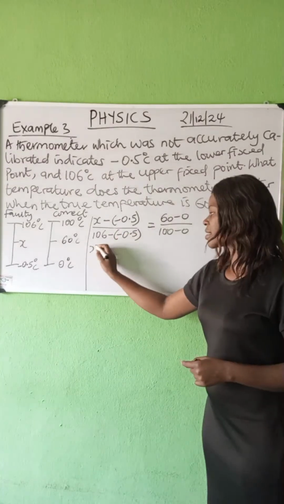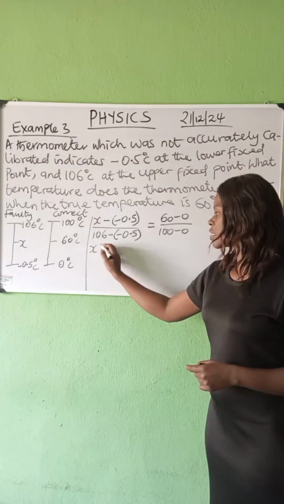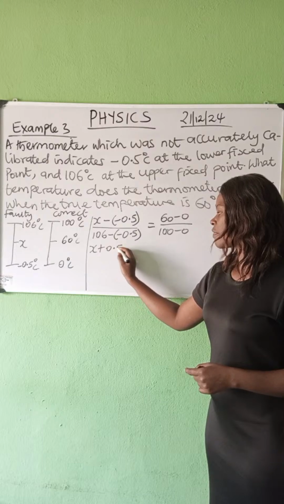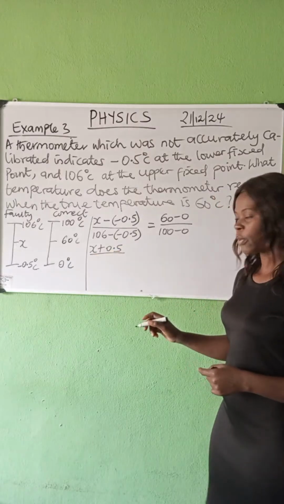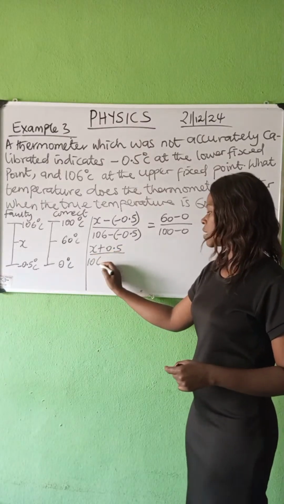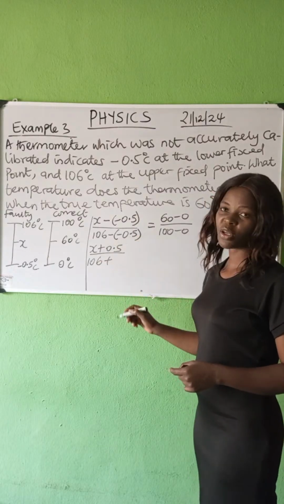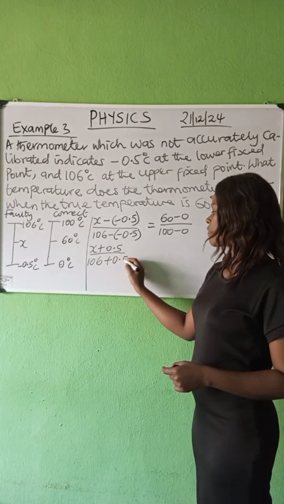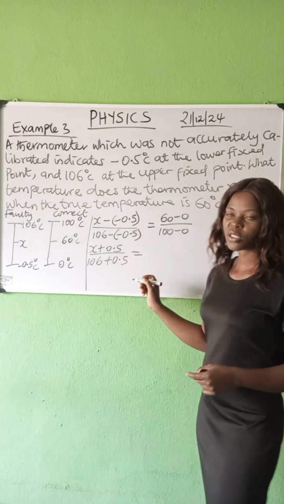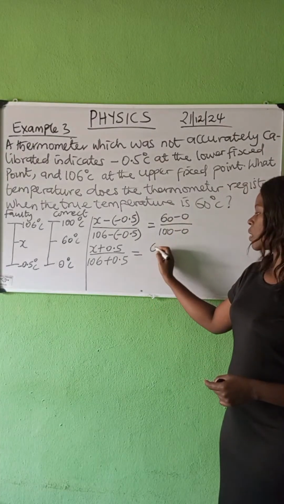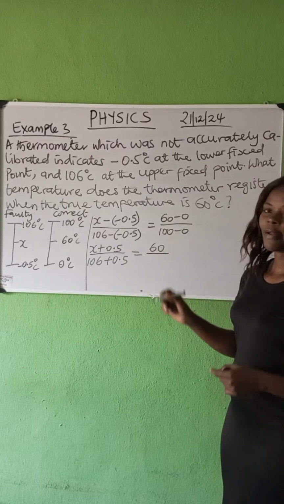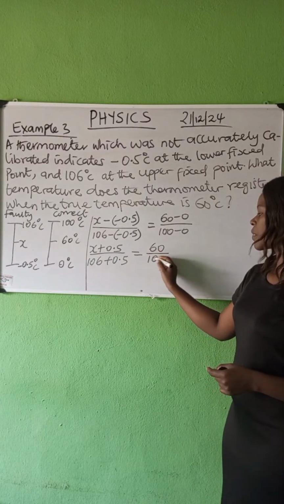So we have x plus 0.5 divided by, right? Minus times minus is plus 0.5. Now it is equal to 60 minus 0, which is what? 60. All over 100 minus 0, which is what? 100.